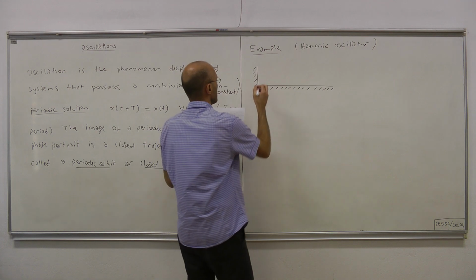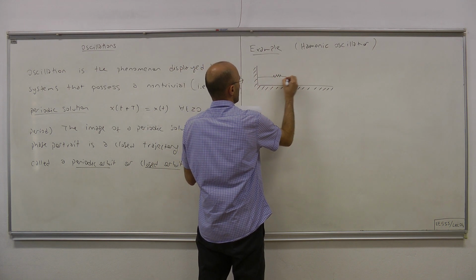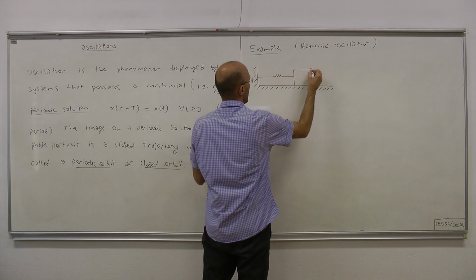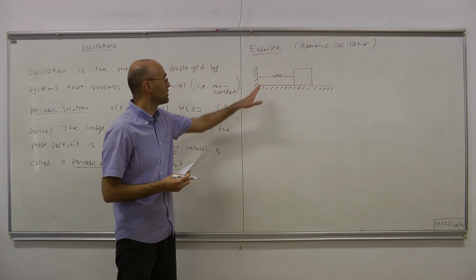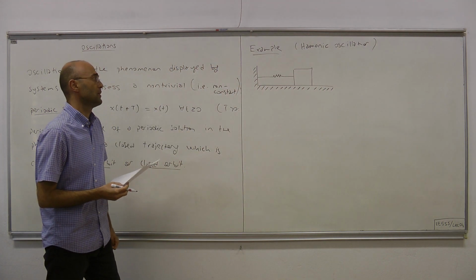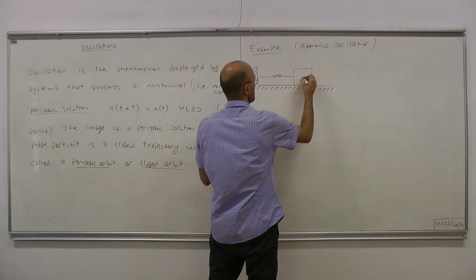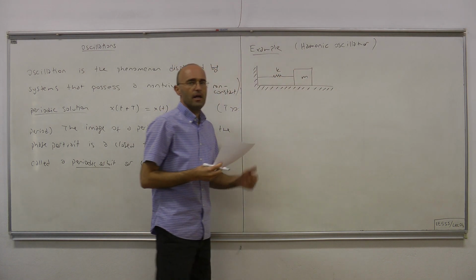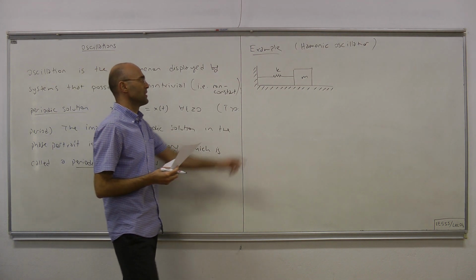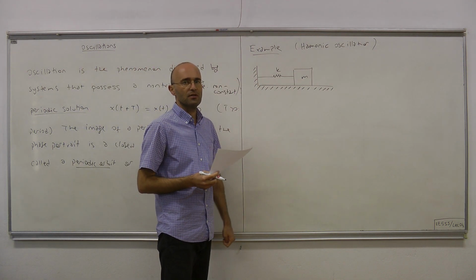We have a linear spring. One end of it is attached to the wall, let's say, and the other is attached to a block with mass M, and K is the spring constant.